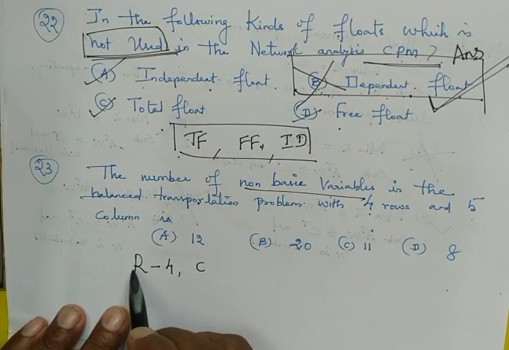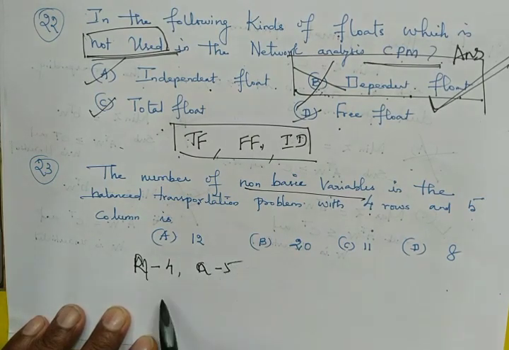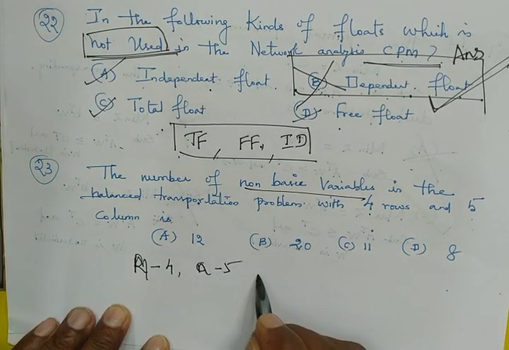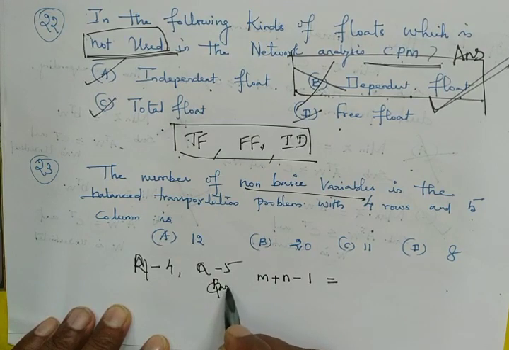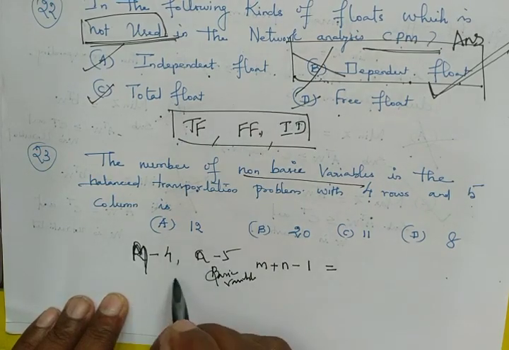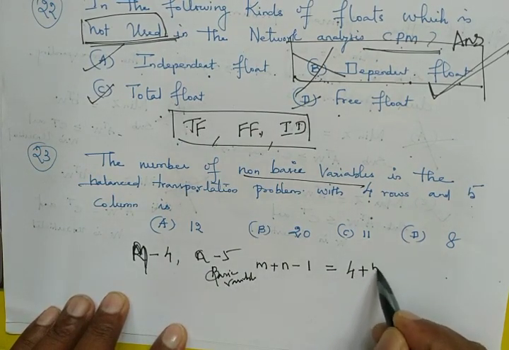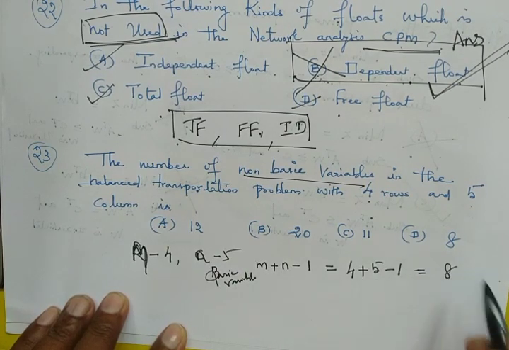The column is n, n equal to 5. To find the basic variables, m plus n minus 1: 4 plus 5 minus 1, which comes to 9 minus 1, 8.